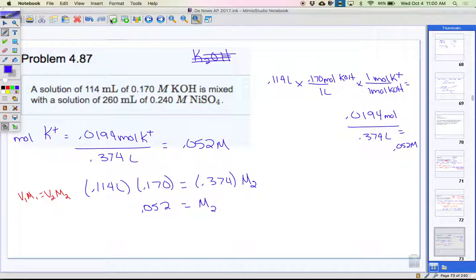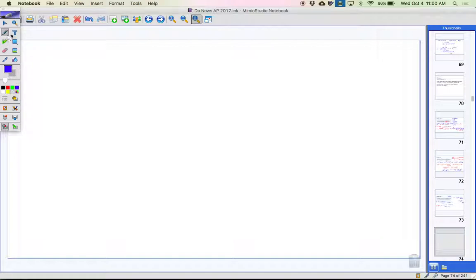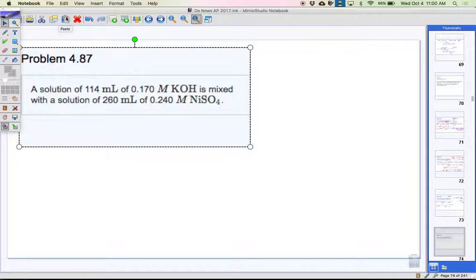Now the nickel part, it's not impossible. What happens with the nickel part is it's the excess reagent, right? The nickel sulfate was the excess reagent. Because of our net ionic equation, all of the hydroxide gets used up because it was the limiting reagent.